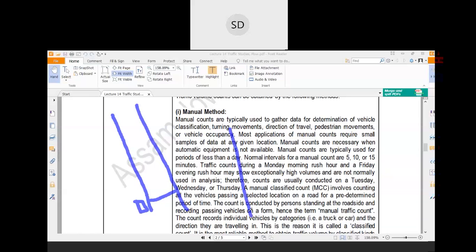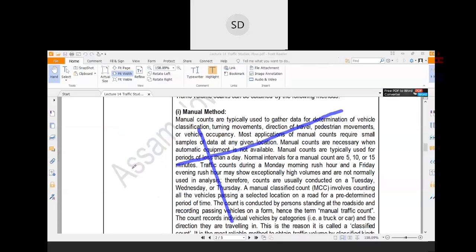So he needs one tabular form of data where here it would be type of vehicle, and here it would be number of vehicles.